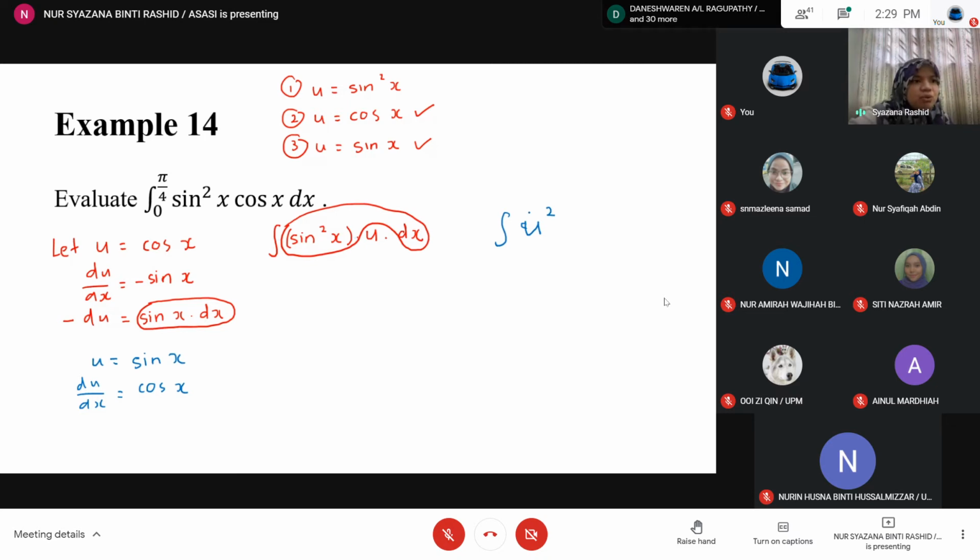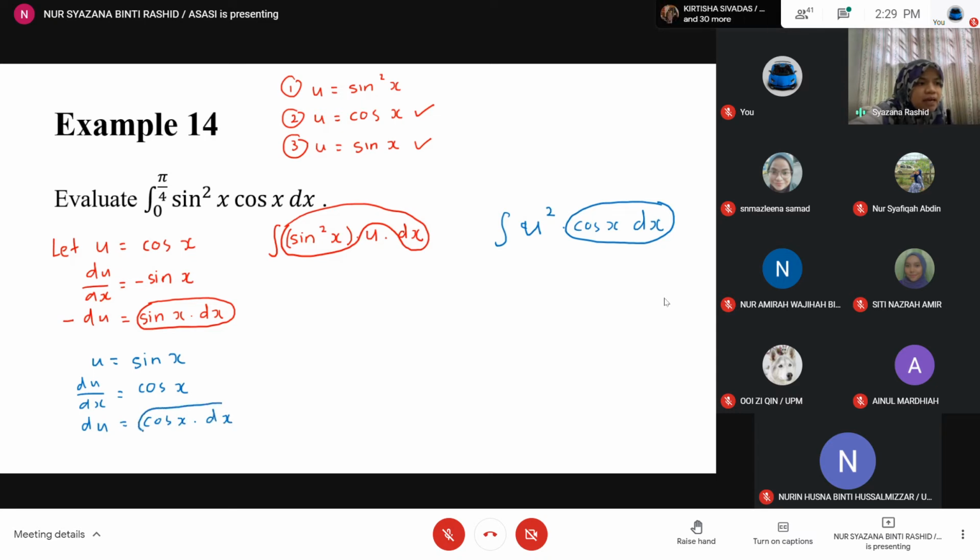So now it becomes u power 2, cos x dx. So I must do something here, modify from the derivative. Du equals to cos x dx.